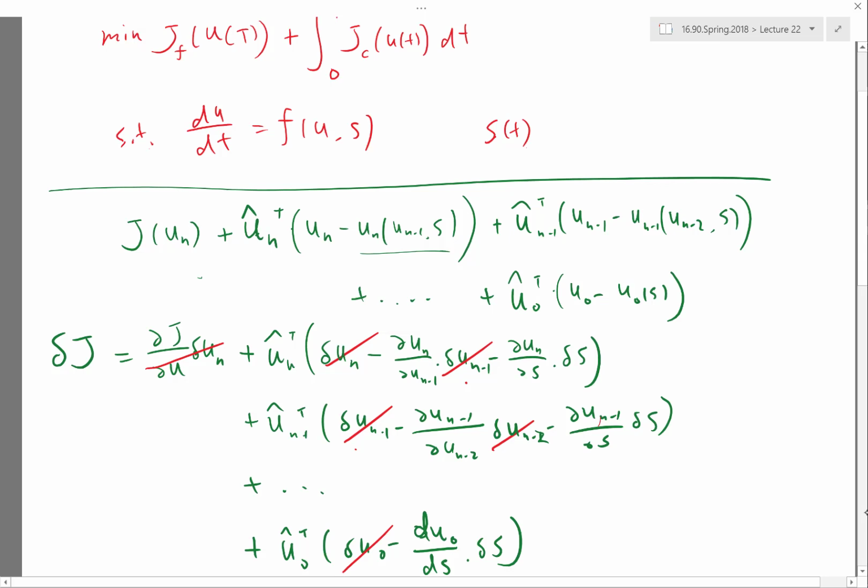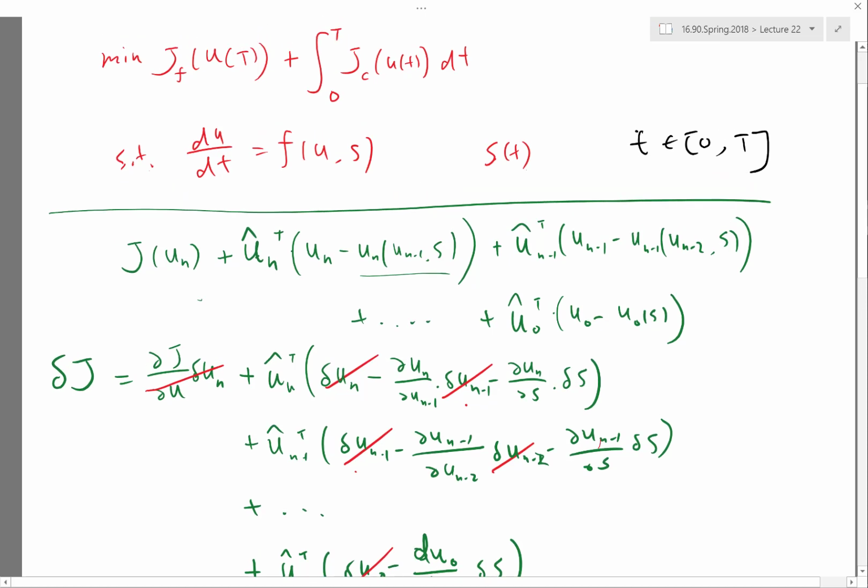But the differential equation has to be satisfied for every single time, for a continuous range of time. This differential equation is true not just for a specific t, it's for all t between 0 and my final time big T.